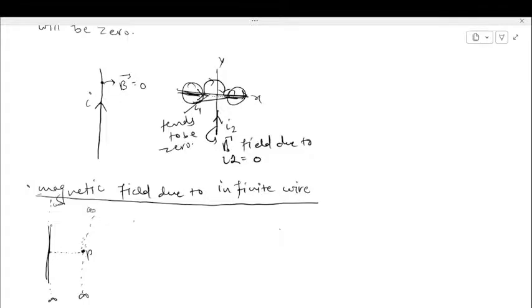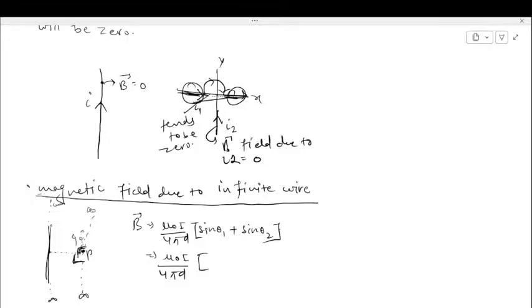You know the general form of the magnetic field: B is equal to mu naught I upon 4 pi d, sin theta 1 plus sin theta 2. This line joins at infinity, so theta 1 is 90 degrees.